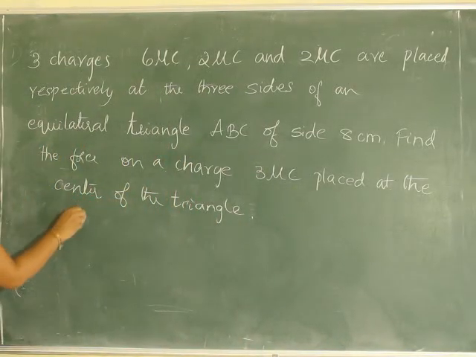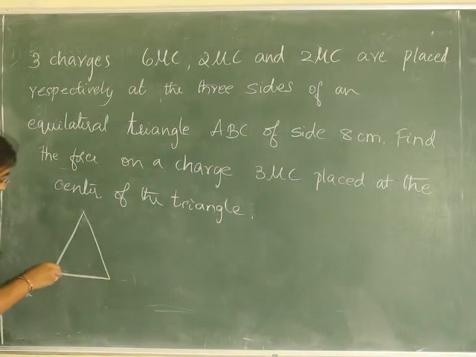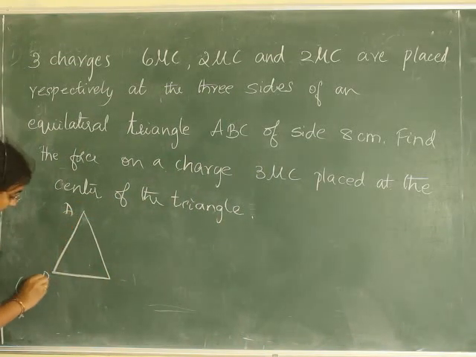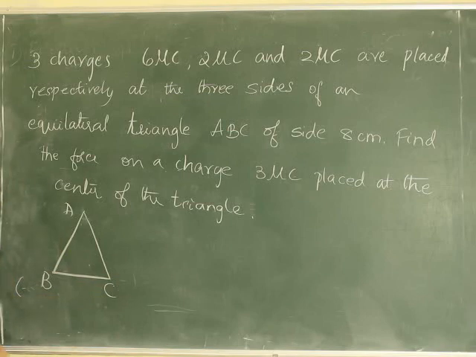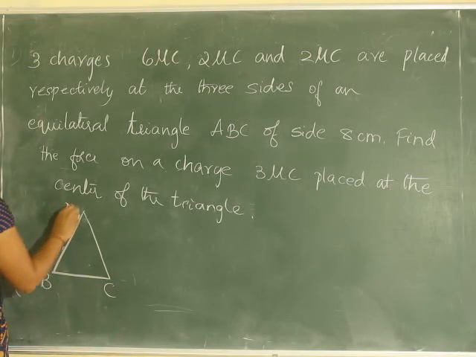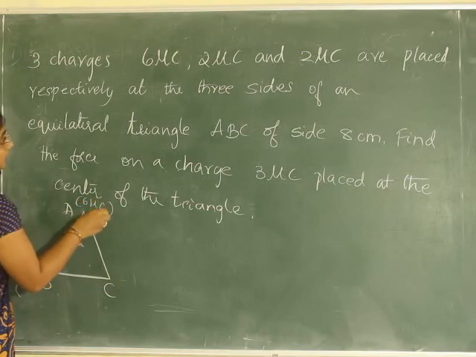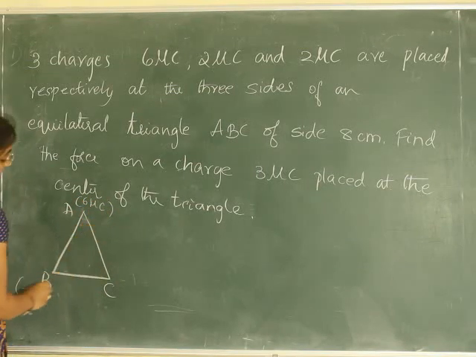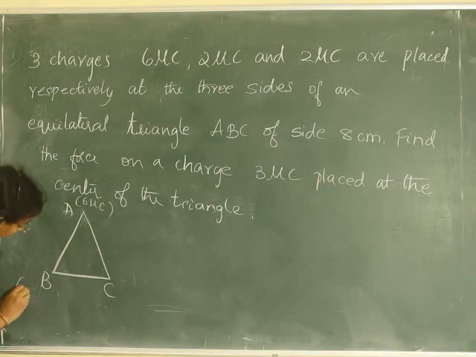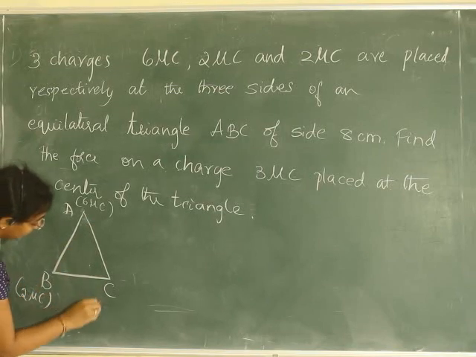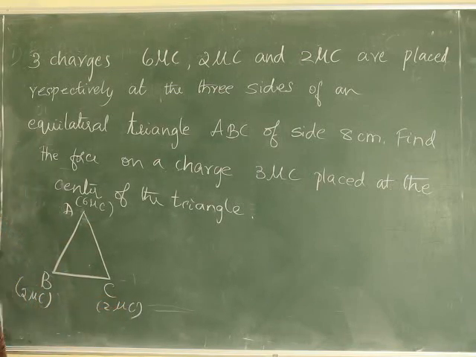First, let us take an equilateral triangle ABC. Six microcoulomb, 2 microcoulomb and 2 microcoulomb.